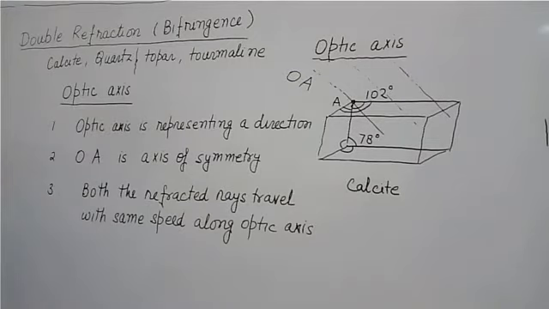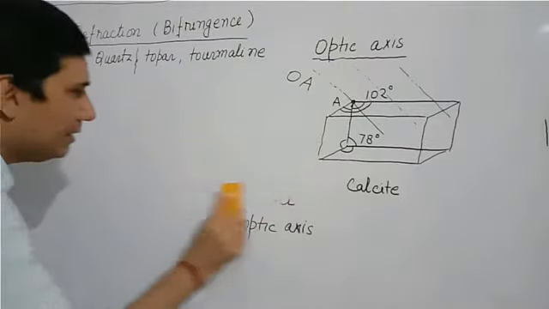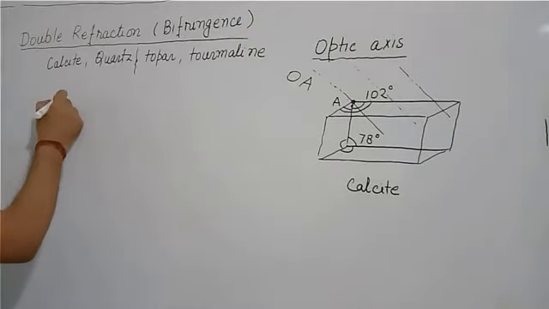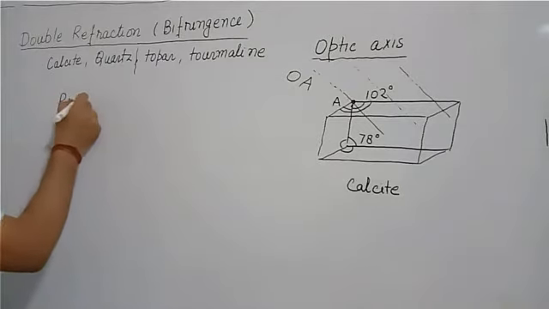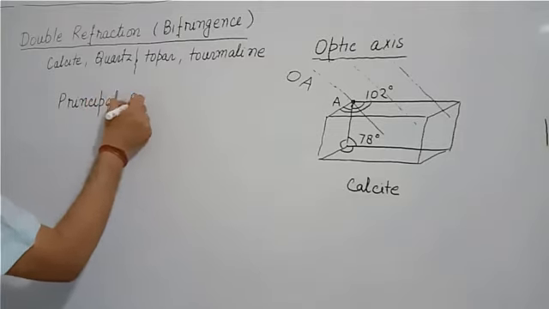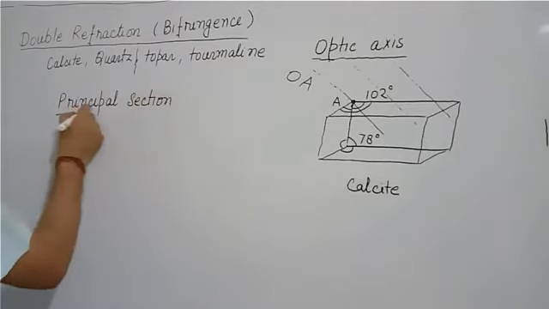Another important term in double refraction is principal section. So what is the meaning of principal section? So next term is principal section of doubly refracting crystal.